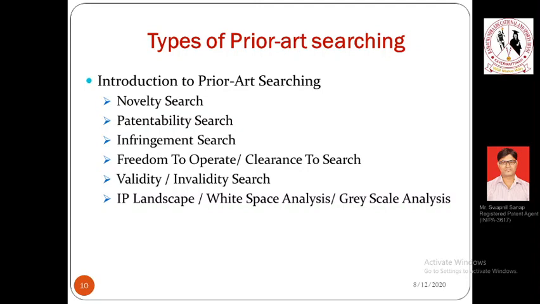So in invalidity search, the patent search is performed by a competitor, and he tries to check whether his product which he plans to launch or sell in the market can face any legal threat based on any of the patent applications filed in any country or not. This is what he checks.